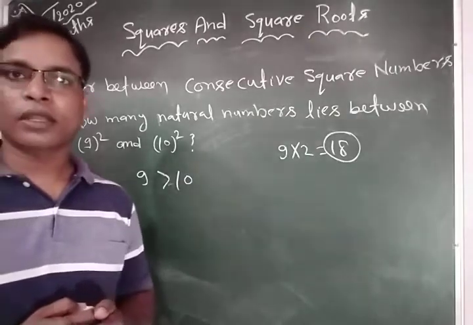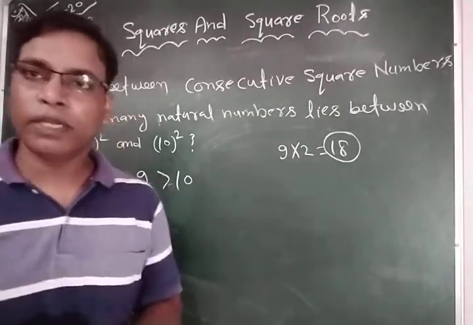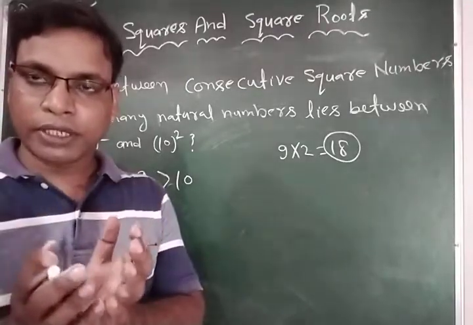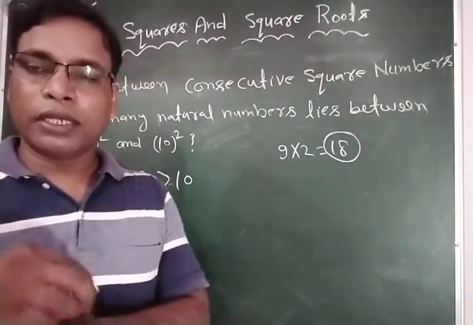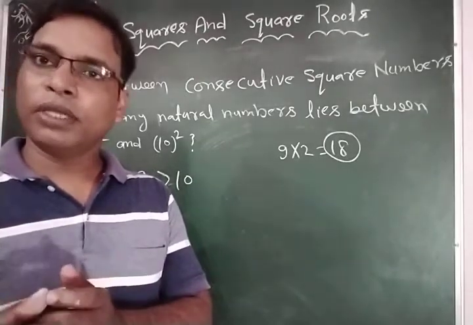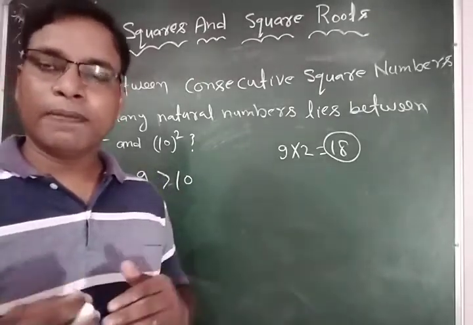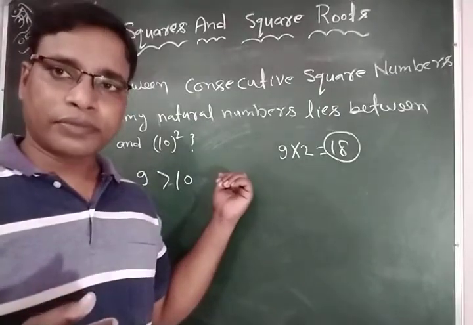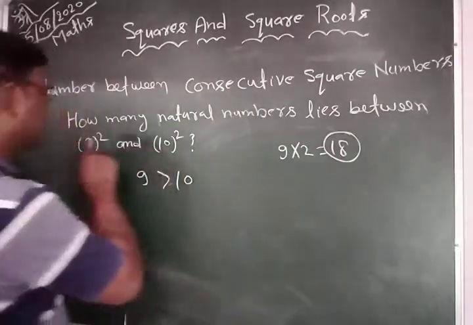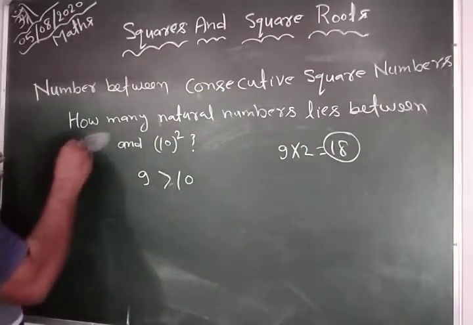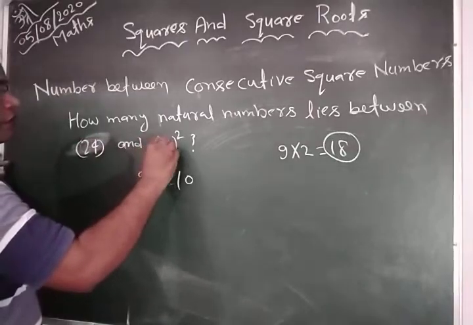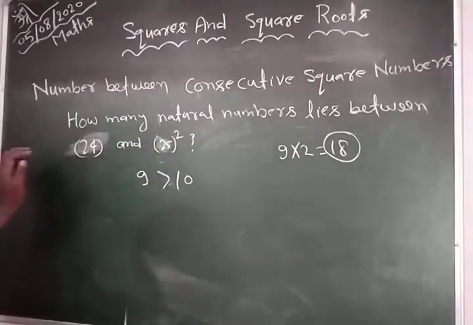This is clear? I hope all of you understood, and you are able to find, if two consecutive numbers are given and you ask how many numbers or how many non-square numbers are between them, you multiply the given smaller number by 2. Suppose the square of 24 and the square of 25 are given, so what is the number between them?